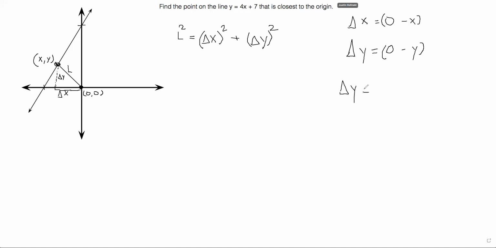We have delta y is equal to, and just like for the reason I said before, it doesn't matter if we have 0 minus y or y minus 0. So theoretically, if this were just y minus 0, it's the same answer we would get if it were 0 minus y. So y minus 0 is just y. So instead of having delta y equals y, I'm going to have delta y be equal to this thing that is also equal to y. I'm going to have delta y be equal to 4x plus 7.